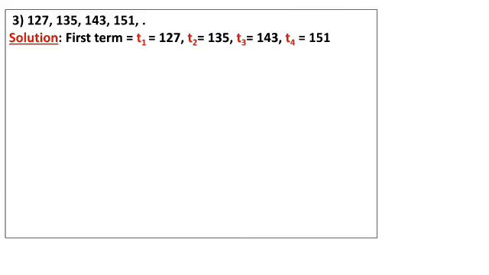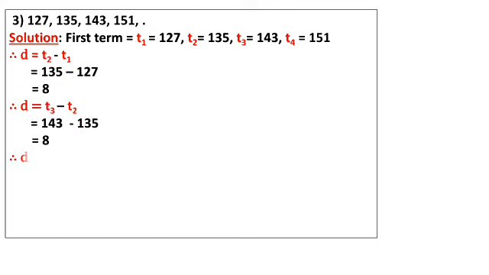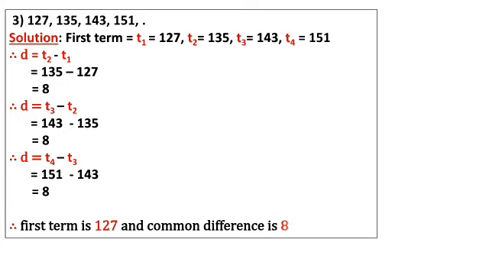The next one, we'll arrange it in the terms. We'll use the formula of difference. So here we got the value 8. So the first term is 127 and the common difference is 8.